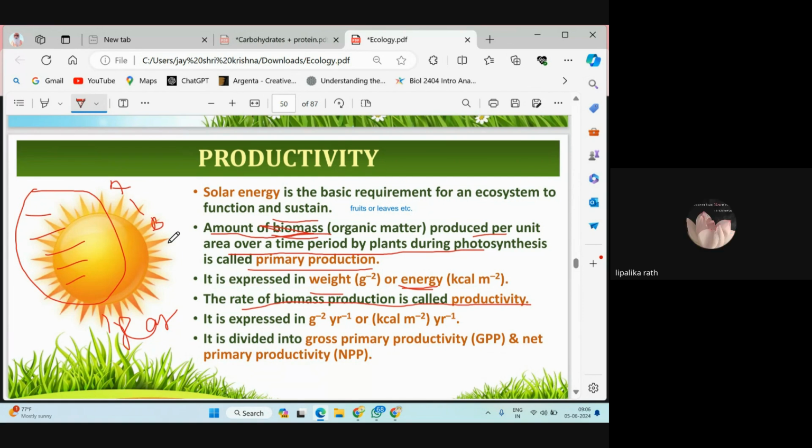Is it clear? Kilometer per hour, or speed.